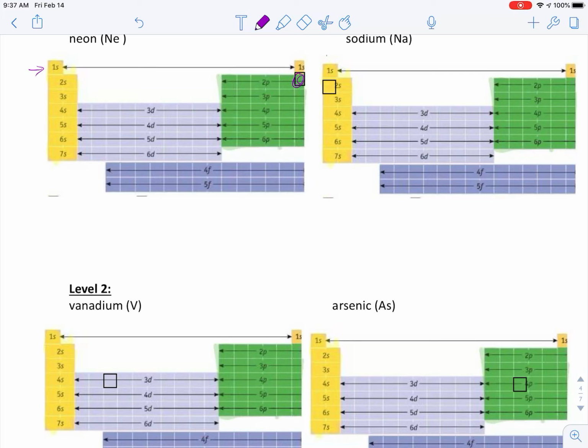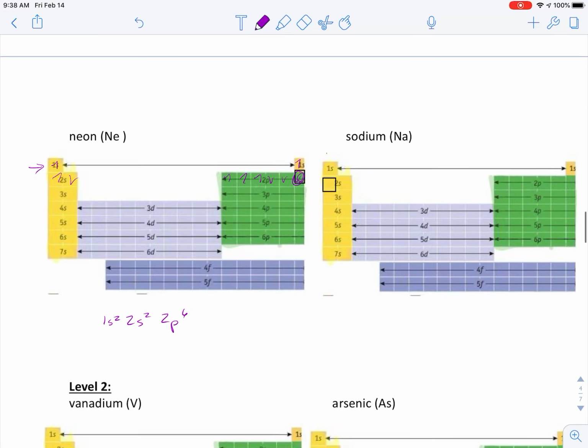And neon is over here. So you've got an electron here, an electron here, so it's 1s2. You've got an electron here and here. Actually, remember when you do it there, it should be opposite spin. And then here we've got 3 p's, and then we have 3 more p's. So 2p6.